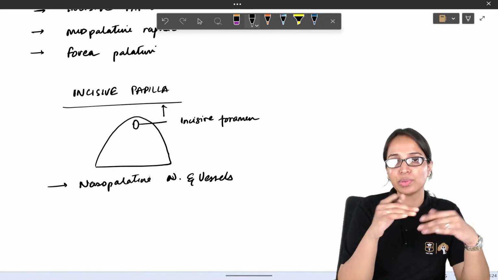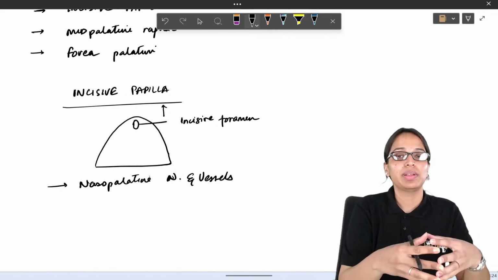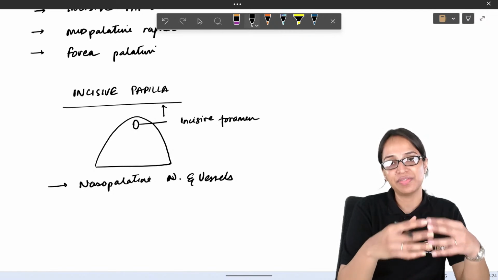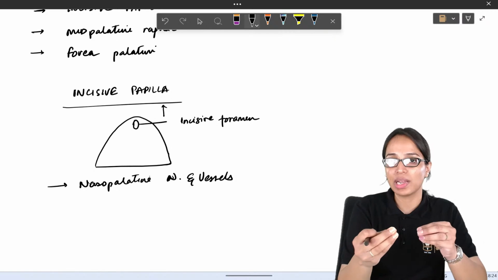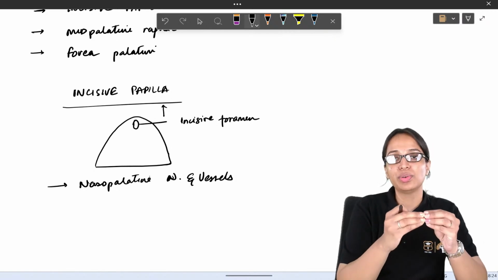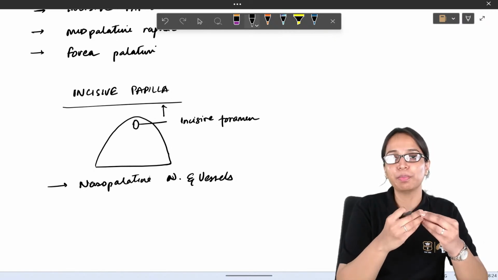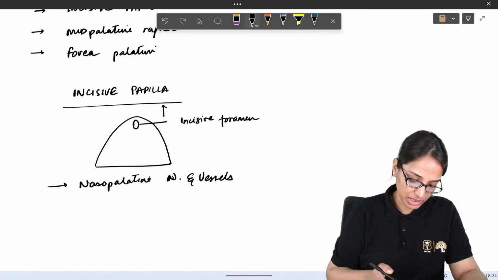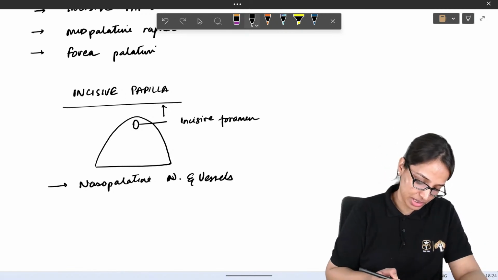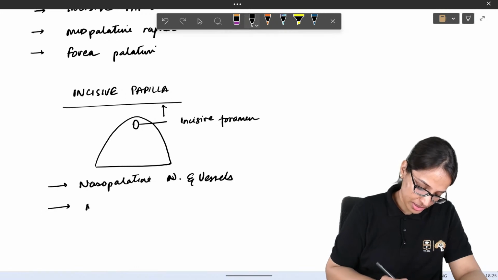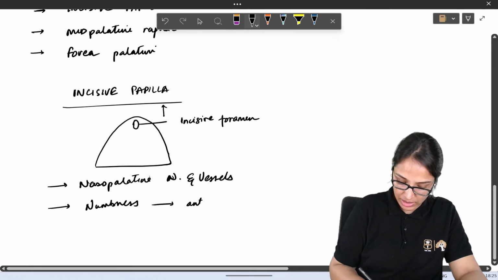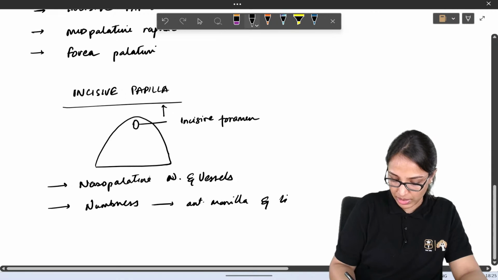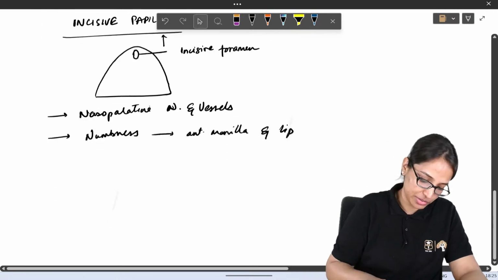They transfer between the nose and palate through it. If you compress it, you will have avascularity of that structure and you will lose sensation, or get a numbing feeling. So you should not give pressure over this area. Otherwise, you feel numbness in the anterior maxilla and lip. That is the clinical implication of your incisive papilla.